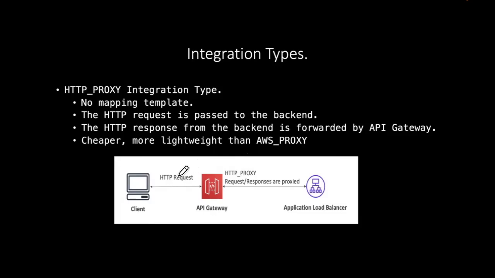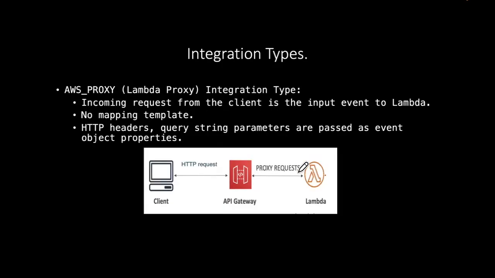It's simply just proxying any HTTP requests that it receives. It's simply just proxying them on to your load balancer. But we're not interested in that integration either because we won't be looking at load balancers. So the focus is this Lambda proxy or AWS proxy, as it's called.